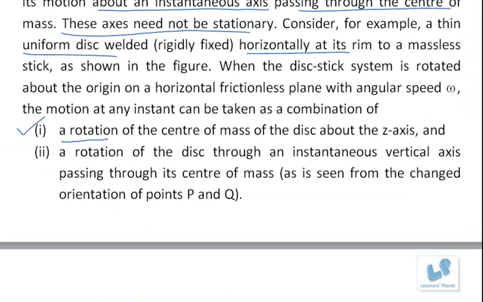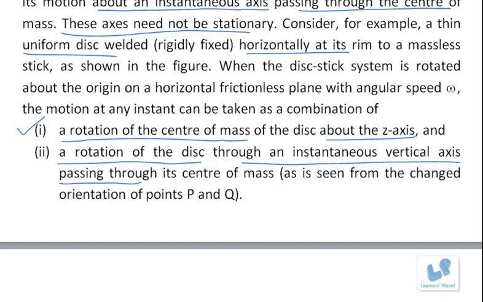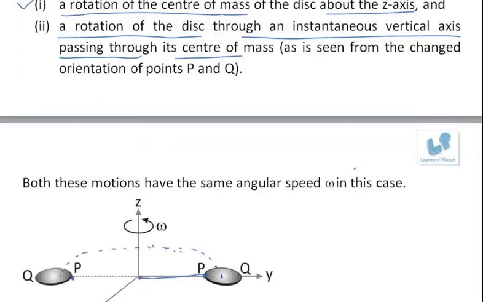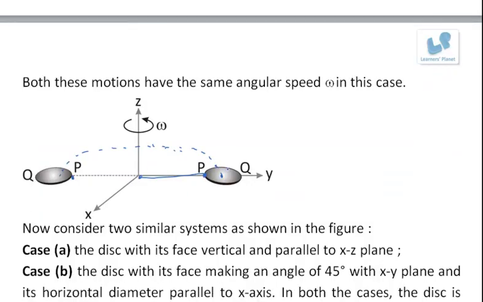A rotation of the center of mass of the disk about the z-axis, this is one. A rotation of the disk through an instantaneous vertical axis passing through its center of mass, as seen from the changed orientation of points P and Q. So at the instant when the disk was here, the instantaneous axis of rotation about the center of mass is this. When it reaches here, it is this.